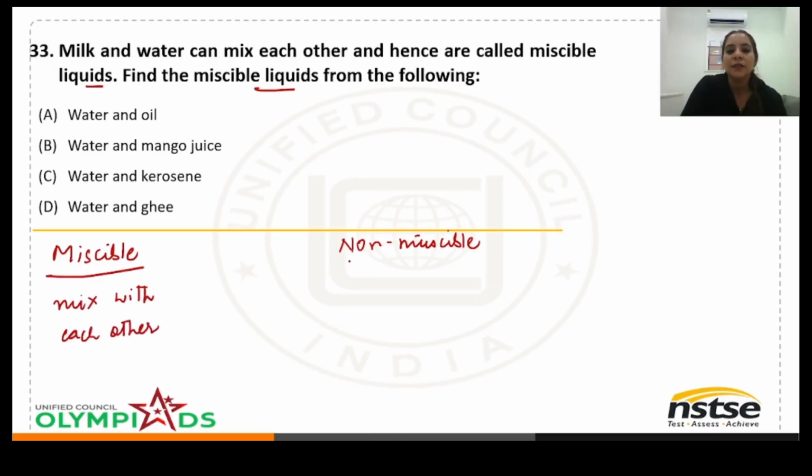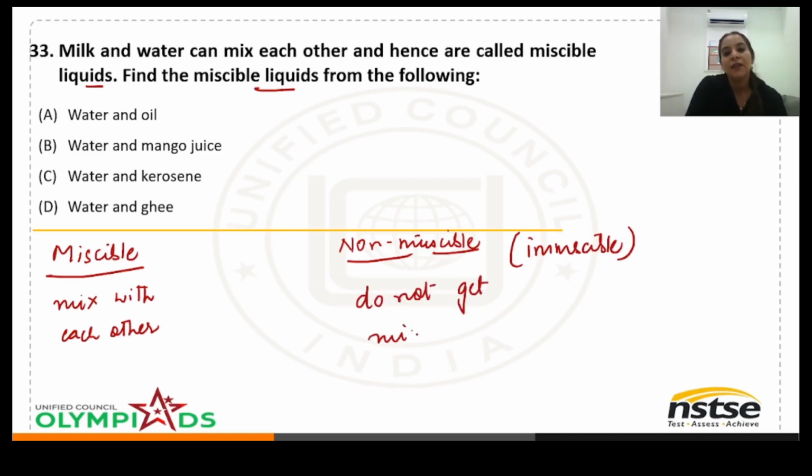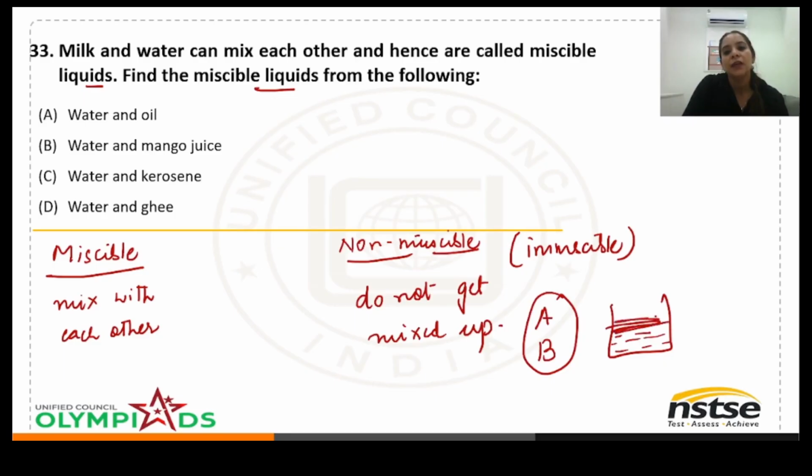Non-miscible liquids, or you can also say immiscible liquids, are those which do not get mixed up. And when they do not get mixed up, you will see a definite boundary. For example, if I am mixing liquid A and B with each other, they will show different boundaries.